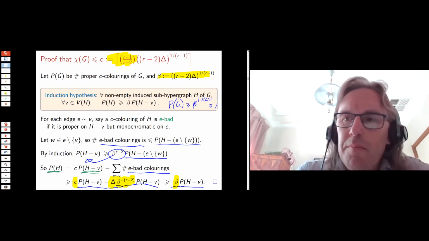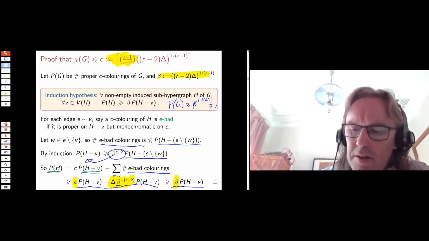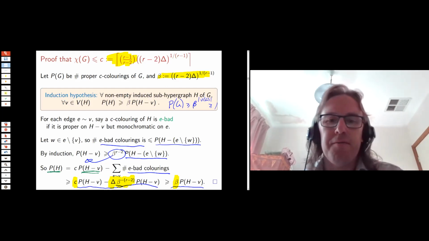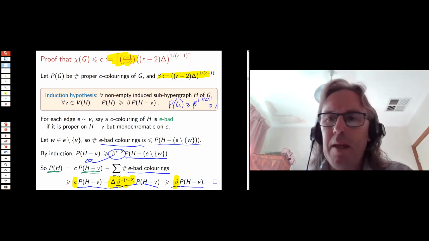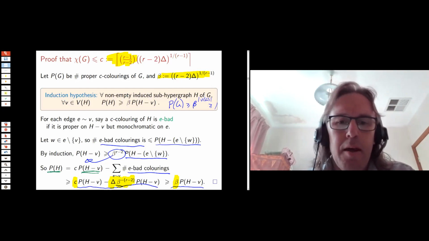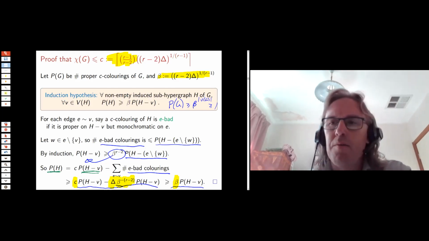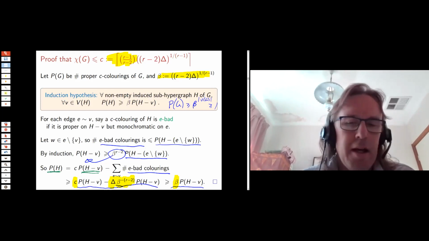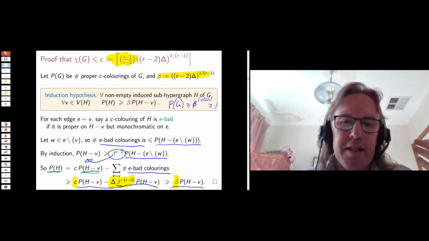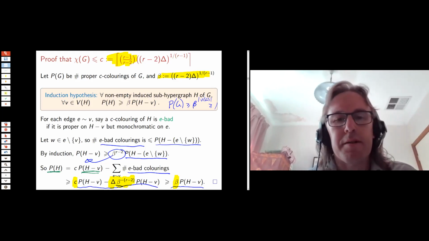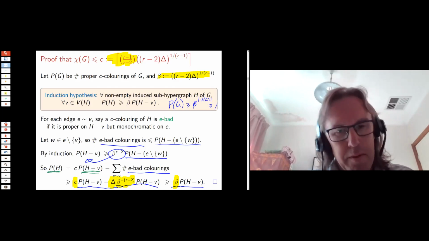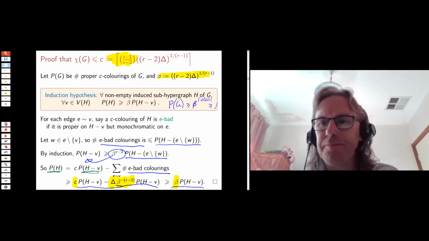It's a very clever proof, I think, and all the ideas here I emphasize are straight from the paper of Rosenfeld. You can describe all this proof in terms of probability if you're more that way inclined, but I think it's quite intuitive and helpful to just think in terms of counting the number of colorings rather than the probability of a coloring being proper.